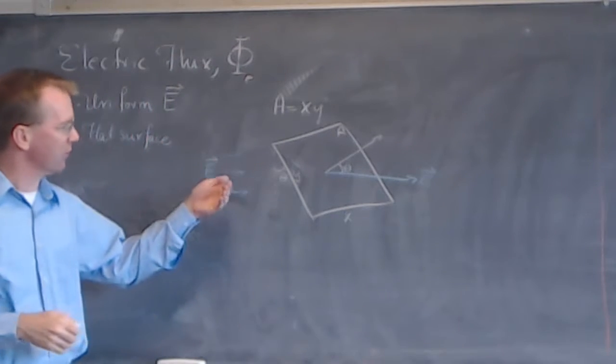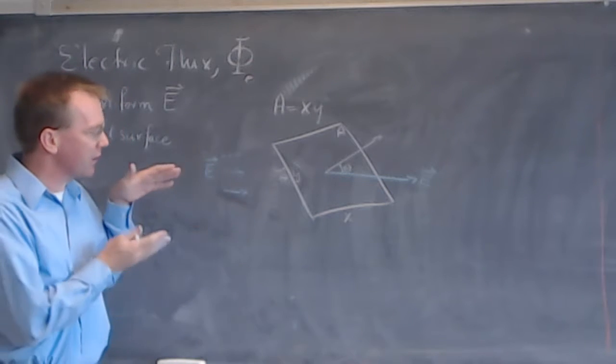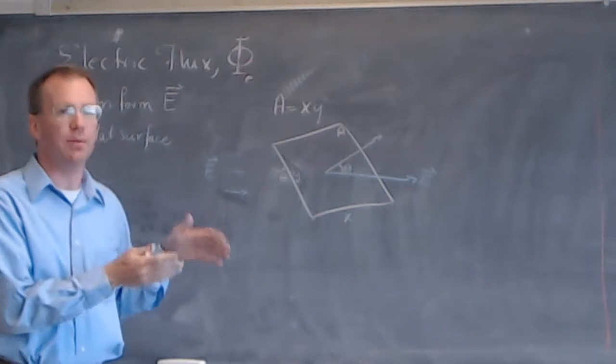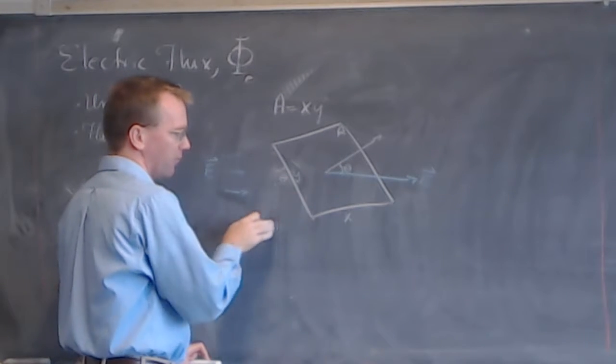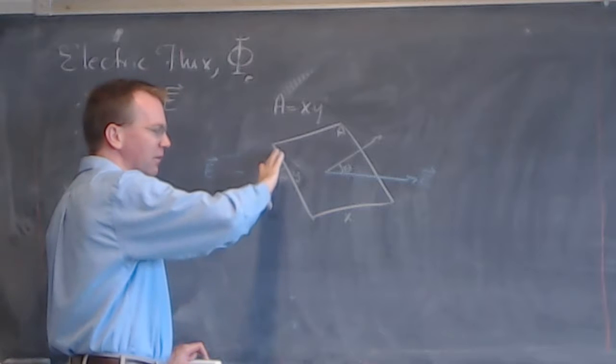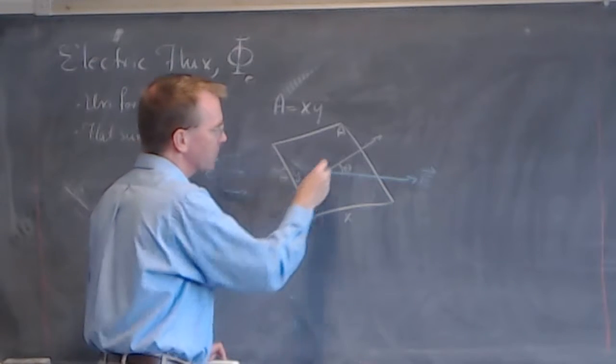What area does the electric field see as it's moving forward? What area is actually covered by the electric field? It's going to be x long, but it's not going to be y height anymore. It's going to be something smaller than that.